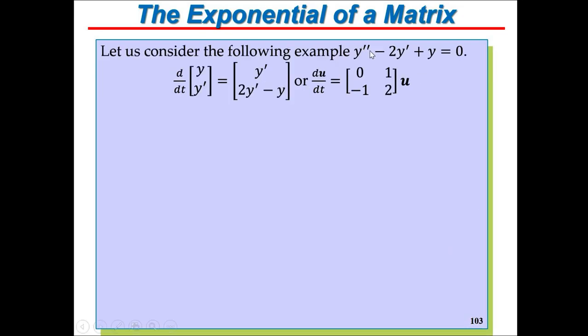So here is a simple system, y double prime minus 2y prime plus y equals 0. I can write this with my standard notation for my vector u being y and y prime. I can write this as a linear system of equations with the matrix A being 0, 1 and minus 1, 2. Okay, hopefully by now you know how to do this easily.